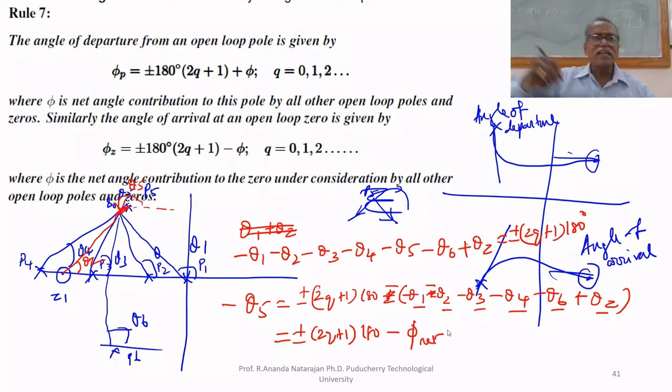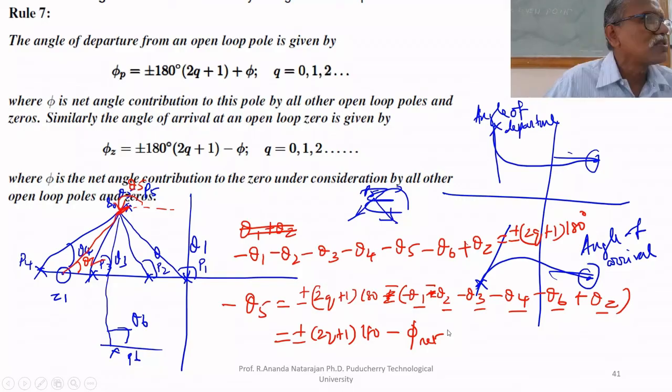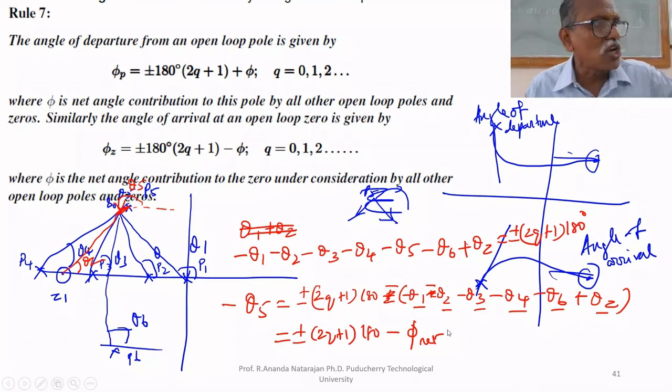I am calling that angle phi net. What is phi net? Phi net is the angle made by lines joining P5 and all other poles and zeros. That's all. So I can find theta phi simply by finding phi net.